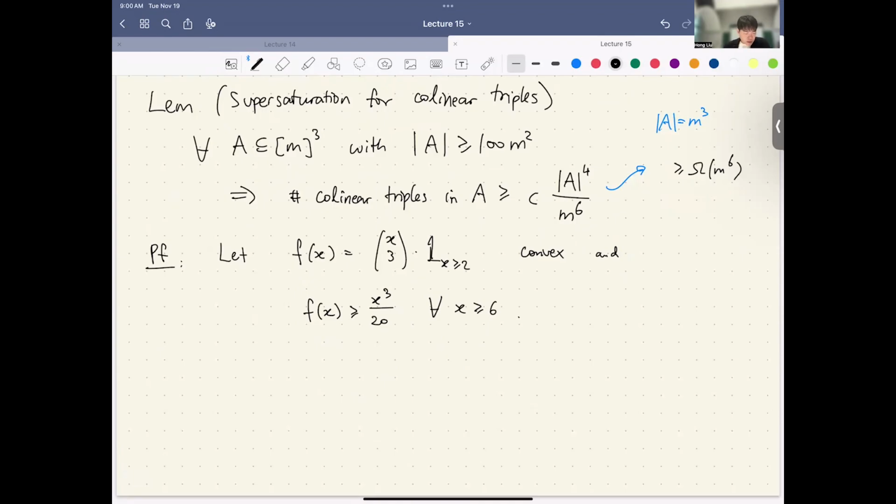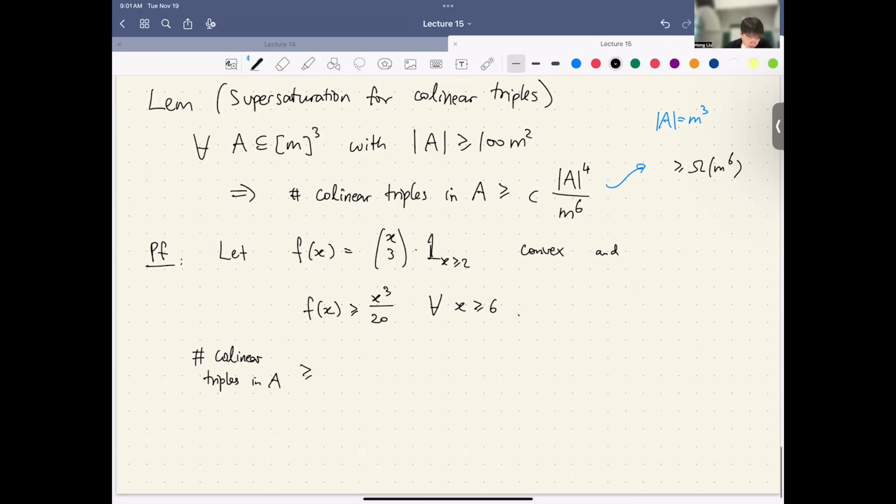All right, so now we're going to use convexity. The number of collinear triples in A is at least, again, we group lines by their direction. You choose a direction, now I choose a line in that direction.